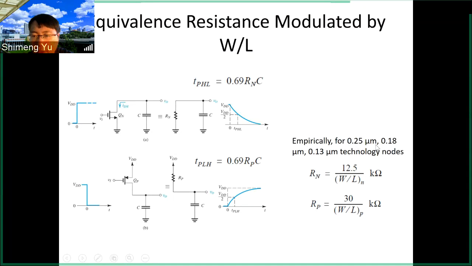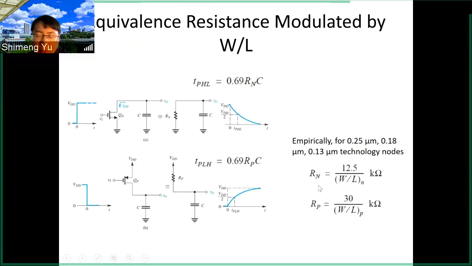But practically in those technology nodes, Rn is like 12.5 kilo ohm divided by W over Ln, and then Rp is like 30 kilo ohm divided by W over Lp. Those numbers will vary depending on the particular process.